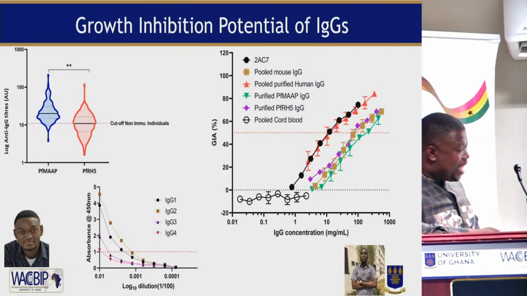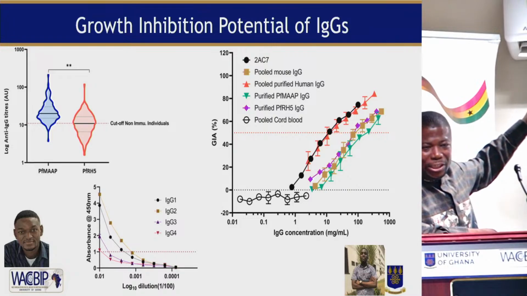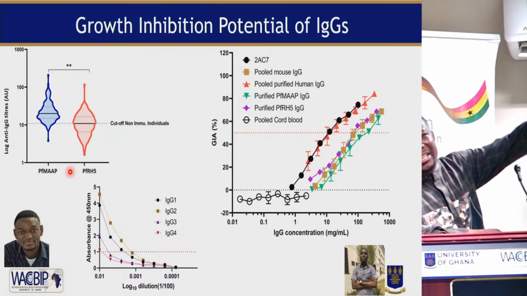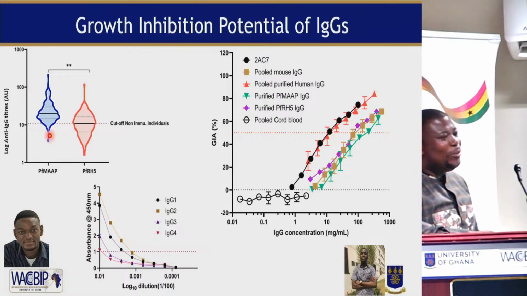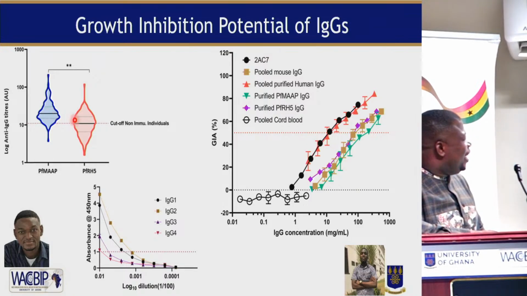We could compare this antigen PF-MAP to the PF-RH5 that I had mentioned. We see that among us, many of us will produce antibodies to PF-MAP. The other thing is the amount of antibodies we produce is better than for RH5.